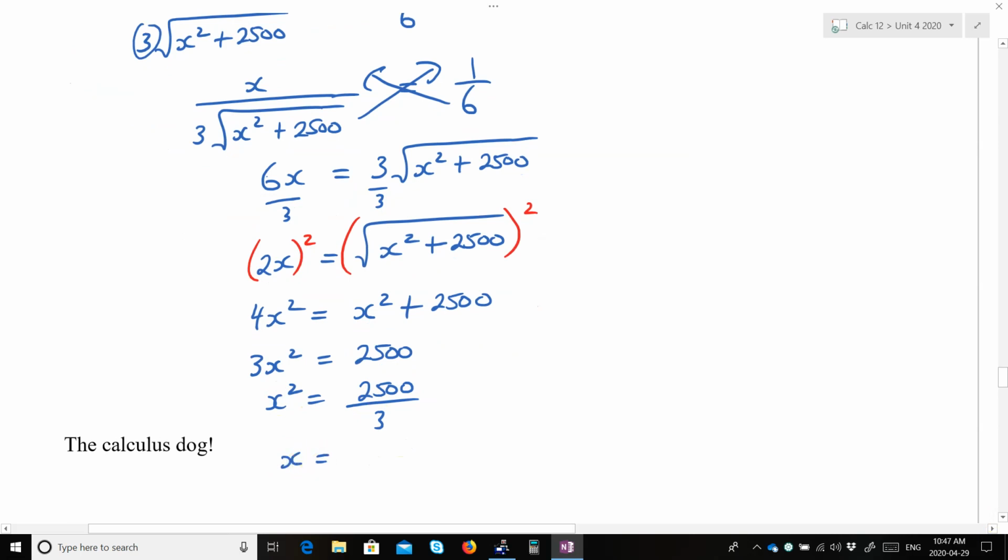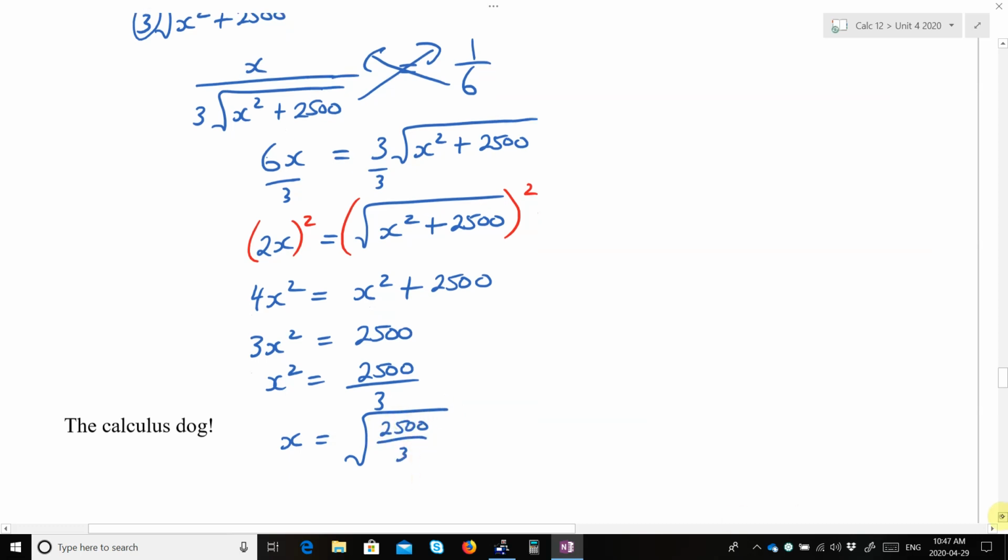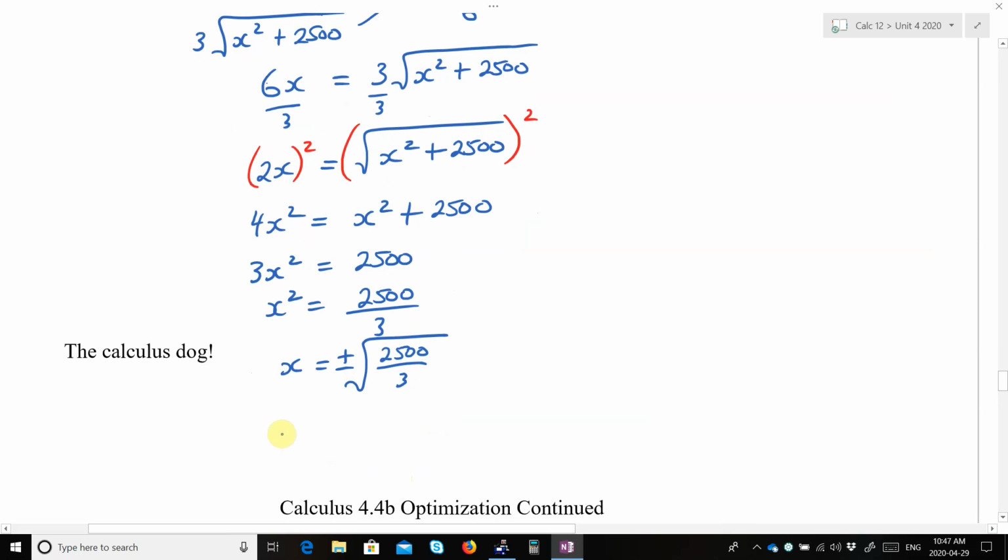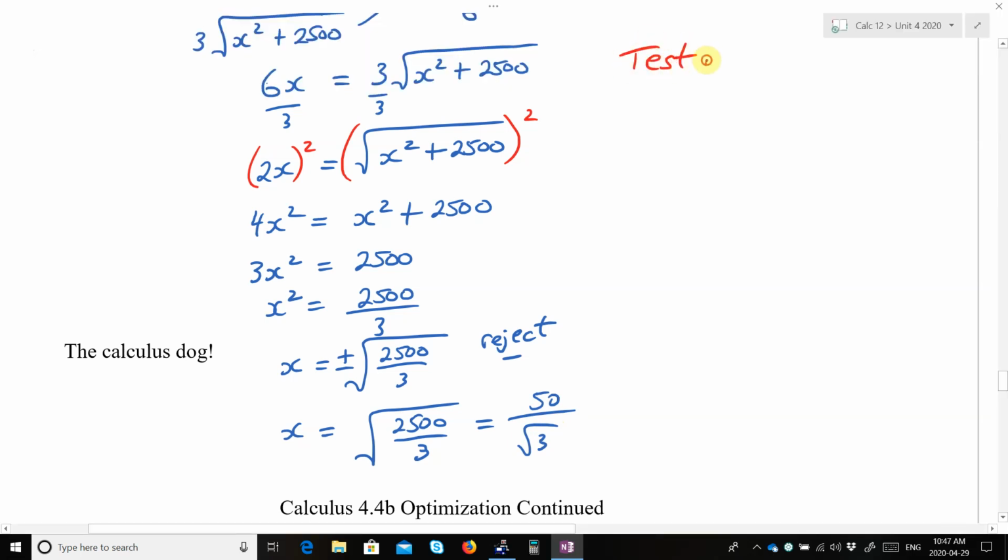And so x, because it has to be greater than or equal to 0, is just going to be the square root of 2500 over 3. I guess technically we should show plus or minus and then say that it's this, and reject negative. The square root of 2500 is 50, and the square root of 3 is like that. Okay, so now let's test endpoints and CPs.